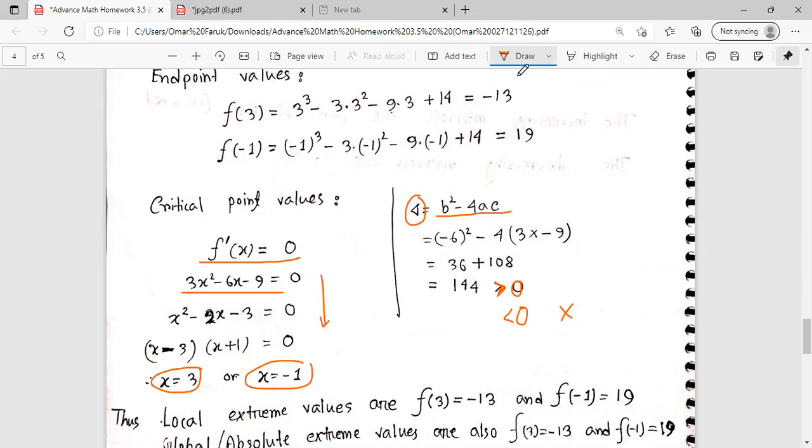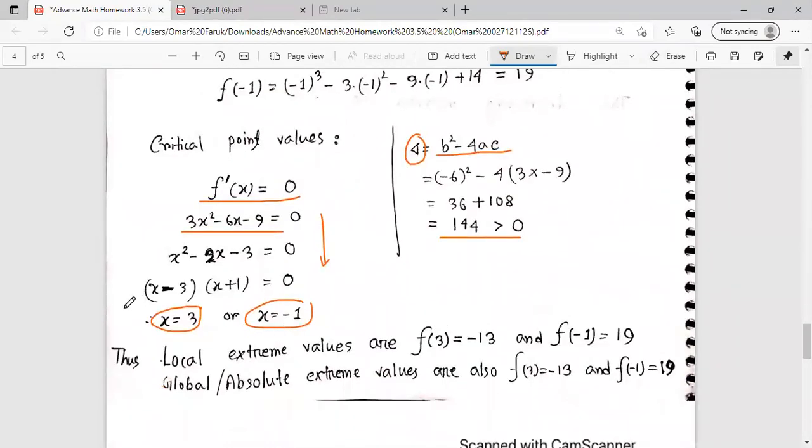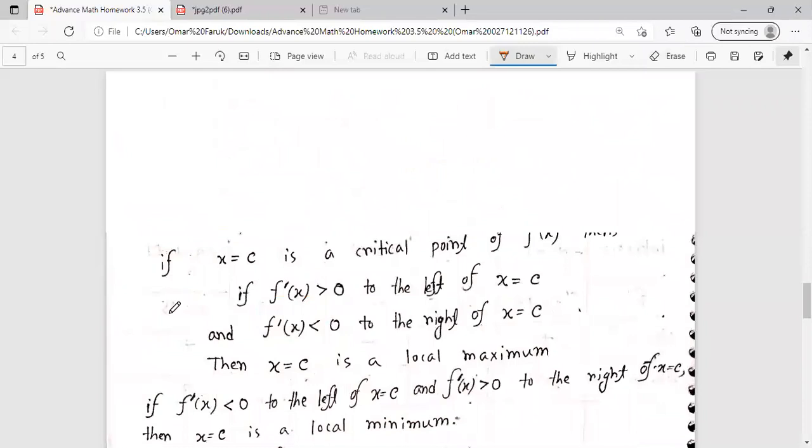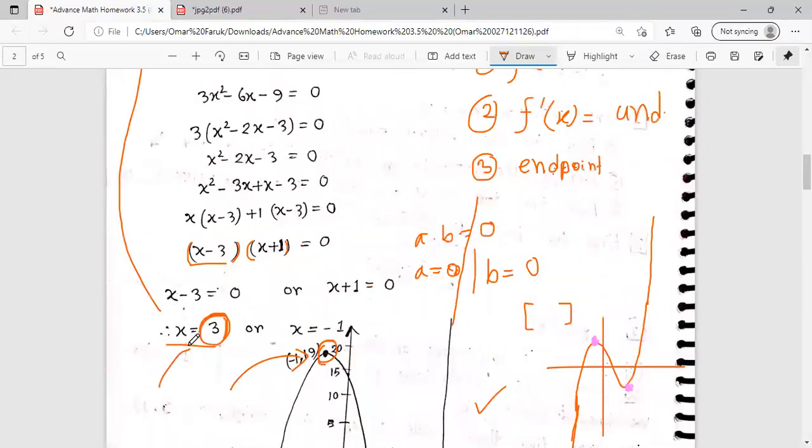Okay, guys. Here we have delta greater than 0, that means we will have some extreme values. We already found those in number 1. You see here, x equal to 3 and x equal to minus 1. I already told you that these two points are our critical values.